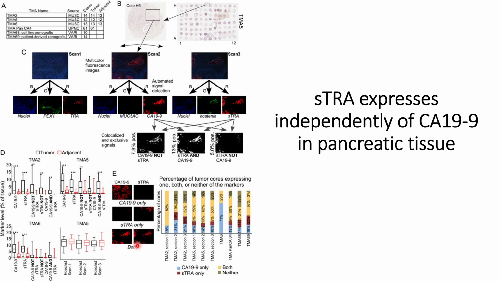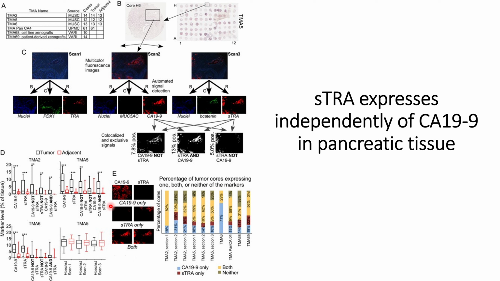We can see that CA19-9 is present where sTRA is not present, and sTRA only is present where CA19-9 is not present, but for both we can see sTRA and CA19-9 signals in both cases.